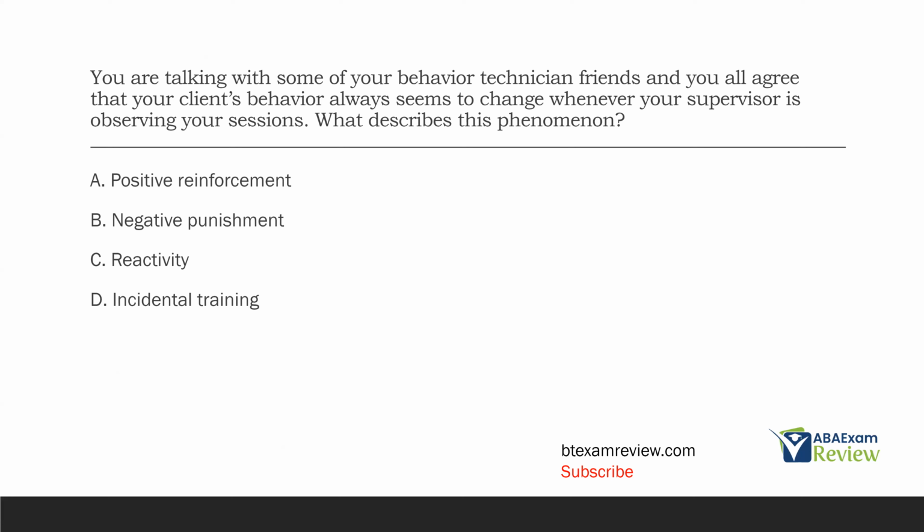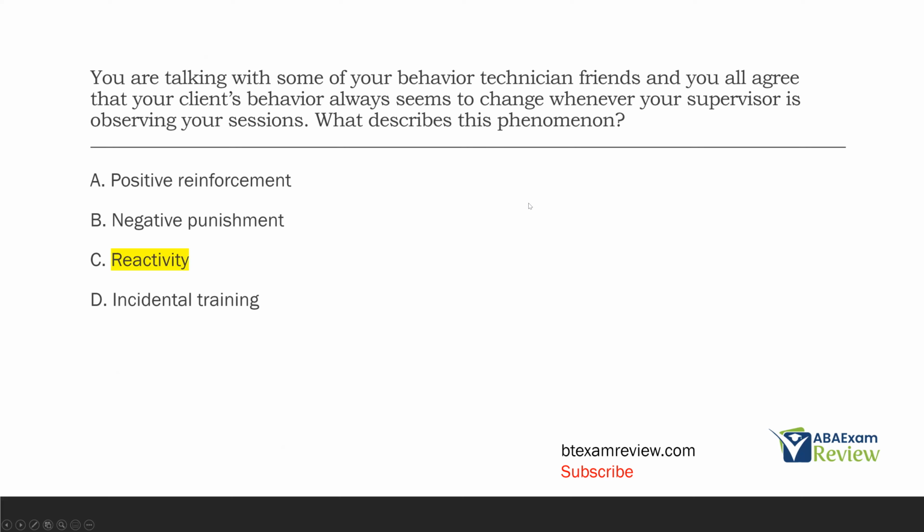Okay, and typically when a supervisor is present, things just are different because that's a new phenomenon in the environment. In this case, the client's behavior changes around the supervisor. Why? A, positive reinforcement, B, negative punishment. Well, it's not a consequence thing because the supervisor is just there. It's called reactivity.